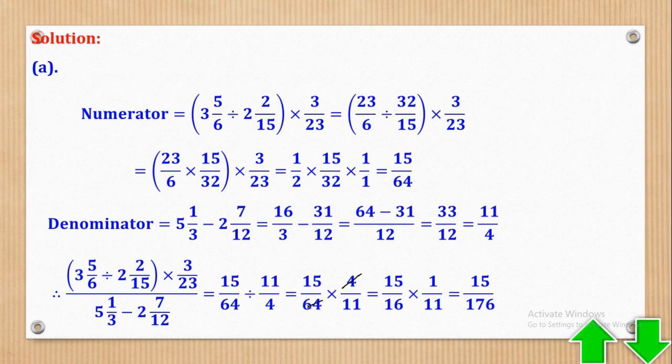This 4 and this 64, here it will be 1 and here it will be 16. Now this 16, that is where this is coming from, and this one, that is why we put here 1. So in the end we have numerator 15 times 1 to give you 15. Denominator we have 16 times 11 to give you 176.